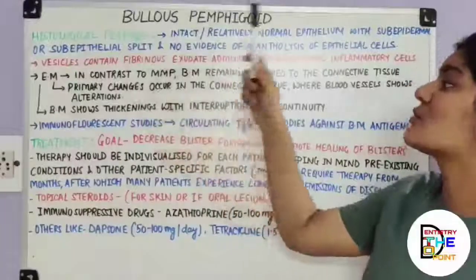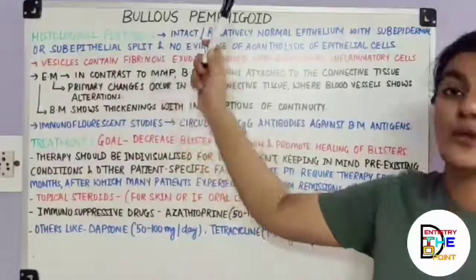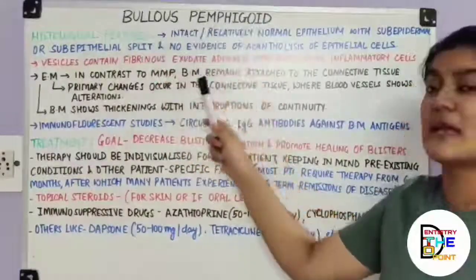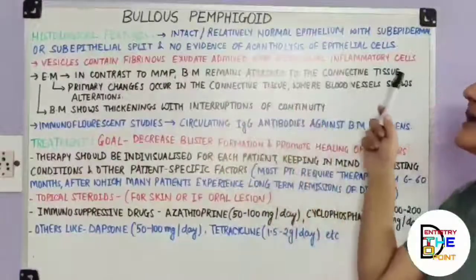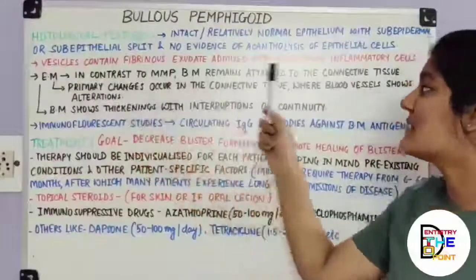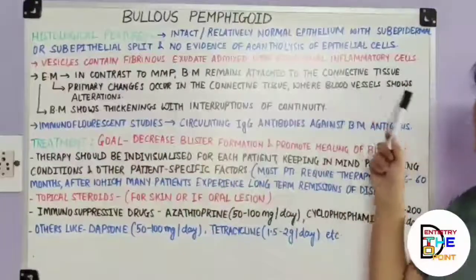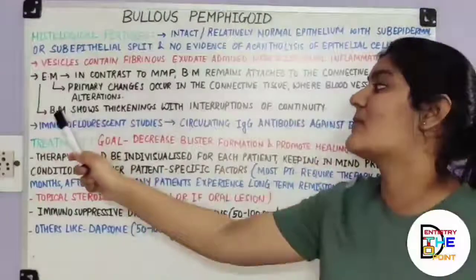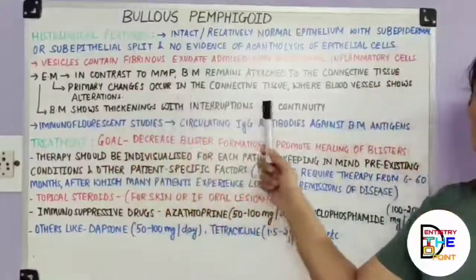But in contrast to that, in bullous pemphigoid, the basement membrane remains attached to the connective tissue. Primary changes first appear in the connective tissue where the blood vessels show alterations, and also the basement membrane shows thickening with interruptions of the continuity.